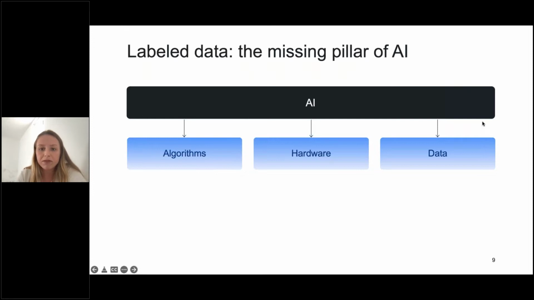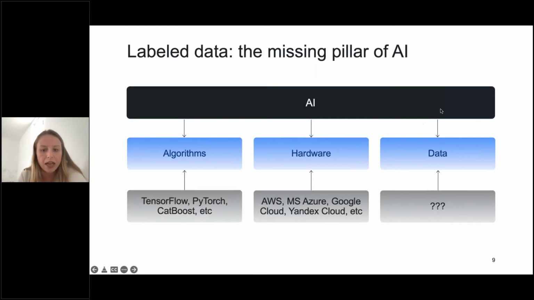Another problem with data can be connected to the fact that modern AI products are built on three pillars, and those are algorithms, hardware, and data. And actually, the first two already have pretty good solutions that have been proposed, and they've been explored quite a lot in the last decade. So, like algorithms.